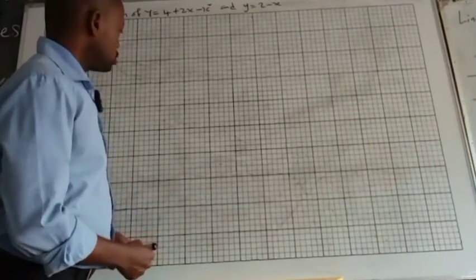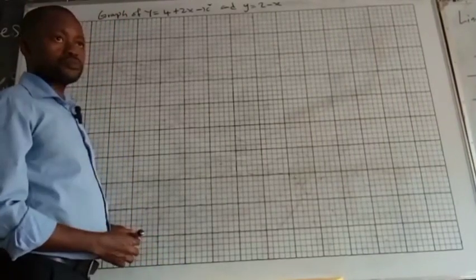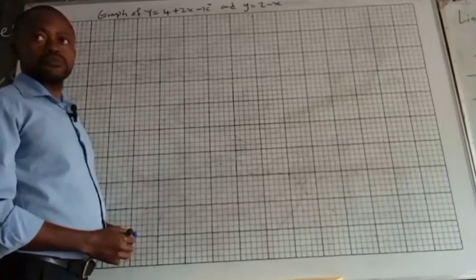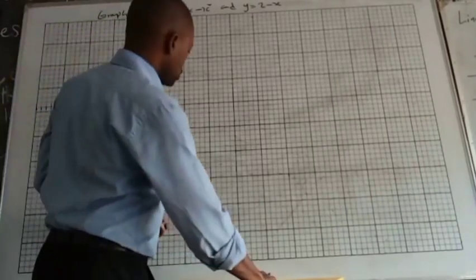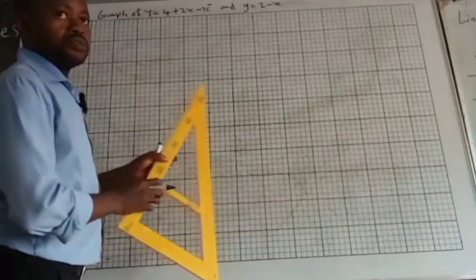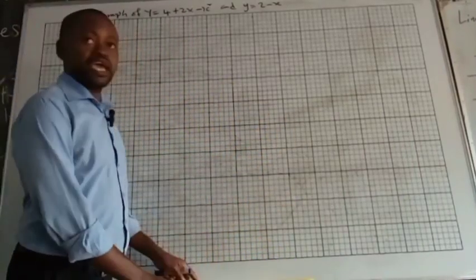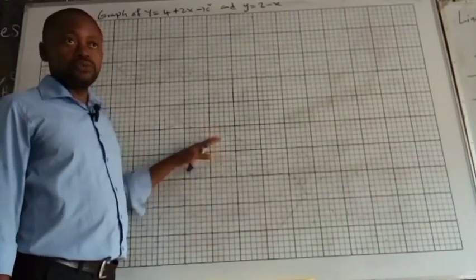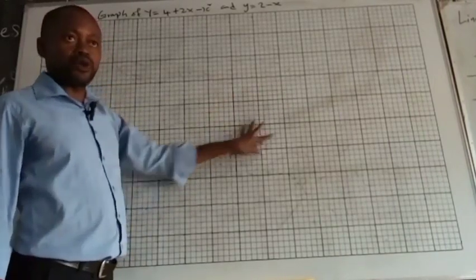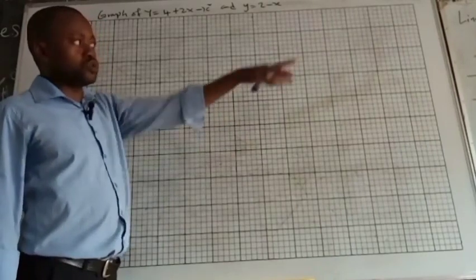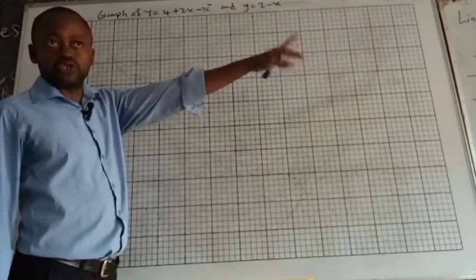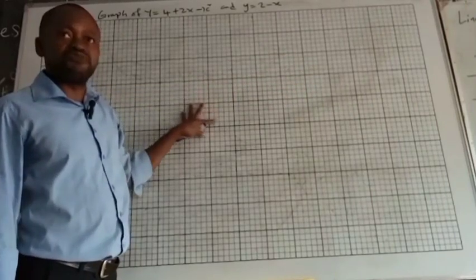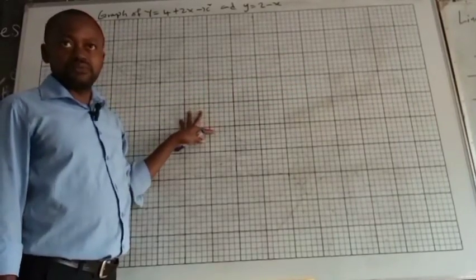So just look at what I'm going to do here. I'm not doing this as if I know what I'm going to do already. You just keep on checking until you get exactly what you have to maintain, which is the scale given to you. You don't alter it. But you have to make sure that the graph perfectly fits inside this space.